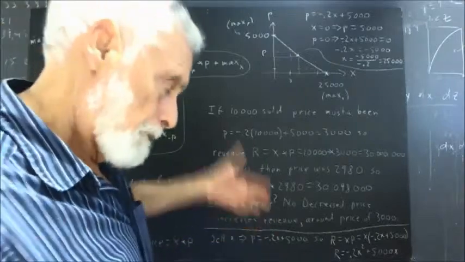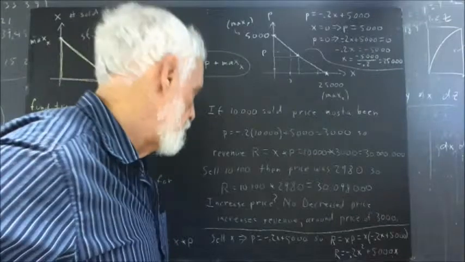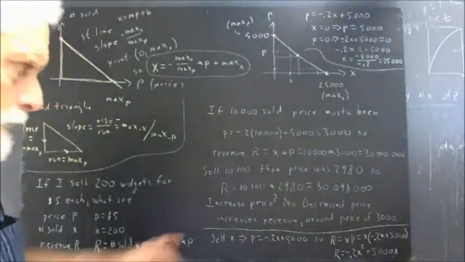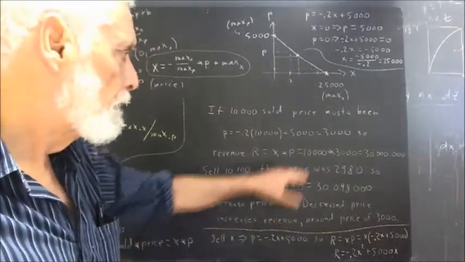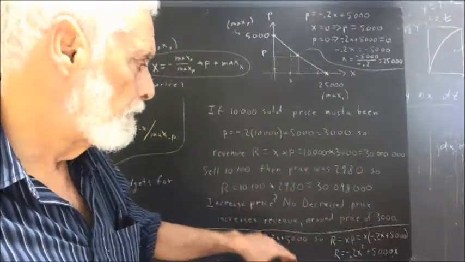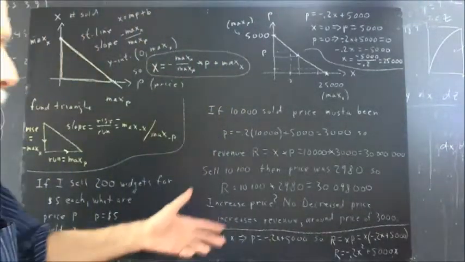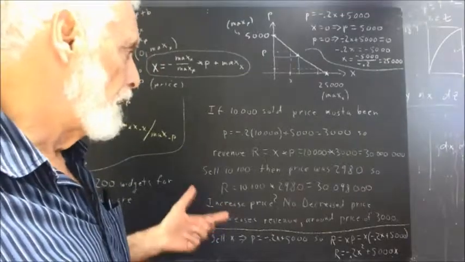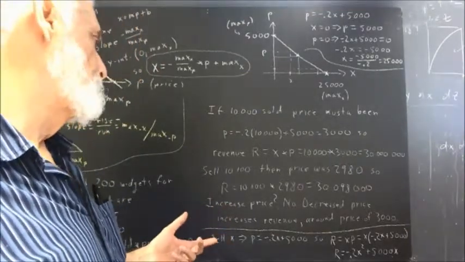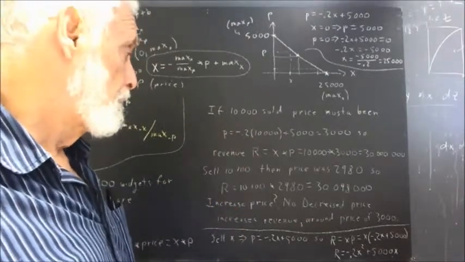And if we increase the price some more, we expect that that trend might continue. So no, we don't want to do that. Okay, the decreased price increases the revenue, and I say around a price of $3,000. If the price was something different, say $1,000, then it might well be that increasing the price would increase the revenue.